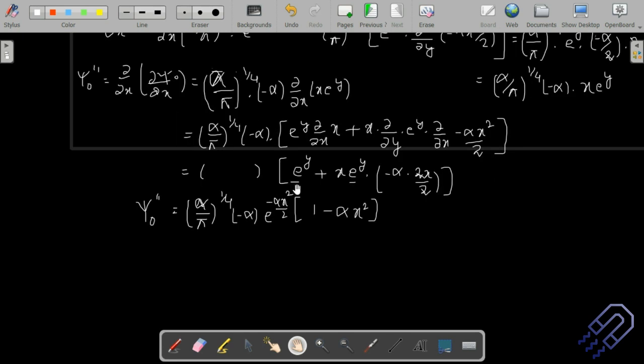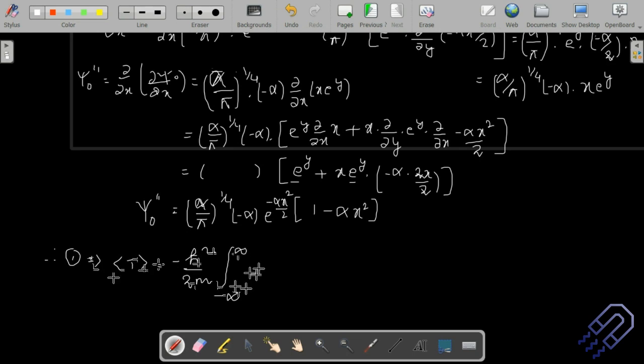So in 1, we can say therefore 1 will imply that the average of T is equal to minus h cross square by m, integration from minus infinity to plus infinity. I have to first write down what my psi naught was. So psi naught was alpha divided by pi to the power 1 by 4 into e to the power minus alpha x square divided by 2.